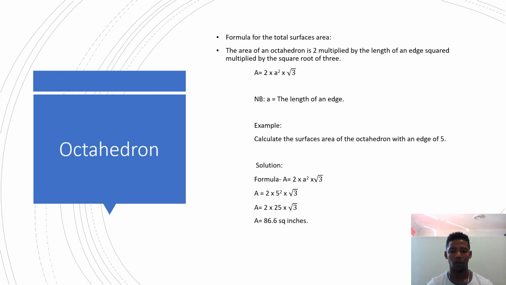So A is equal to 2 multiplied by 25, because 5 to the power of 2 gives you an answer of 25, multiplied by the square root of 3. So your answer A is going to be equal to 86.6 square inches. So the octahedron with an edge of 5 has a surface area of 86.6 square inches.